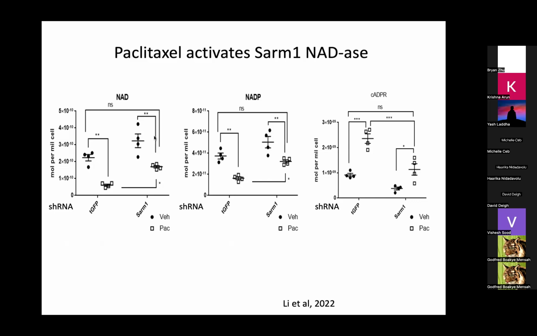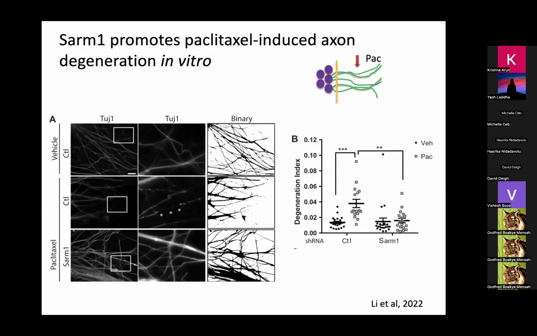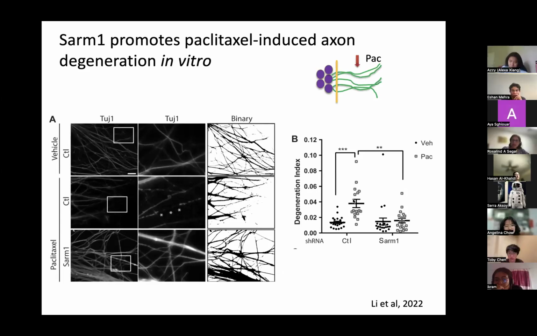So now, after paclitaxel, you have the normal levels of NAD, NADP, and cyclic ADPR. Okay, what about the degeneration? Again, if we knock down SARM1, we prevent the paclitaxel-induced degeneration. Here you have vehicle, here's paclitaxel. Normally it causes degeneration. In the absence of SARM1, no degeneration. Pretty amazing, isn't it?